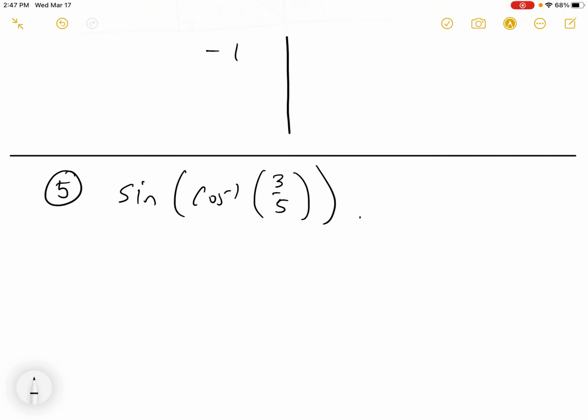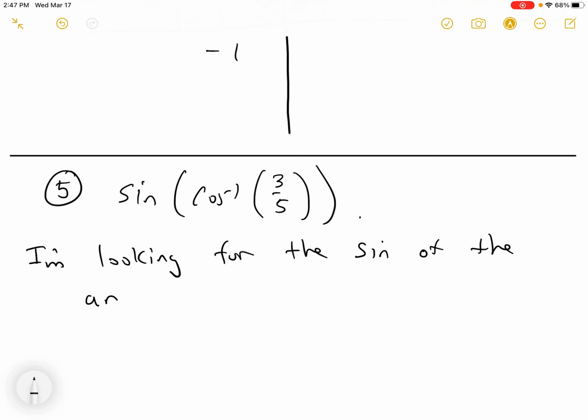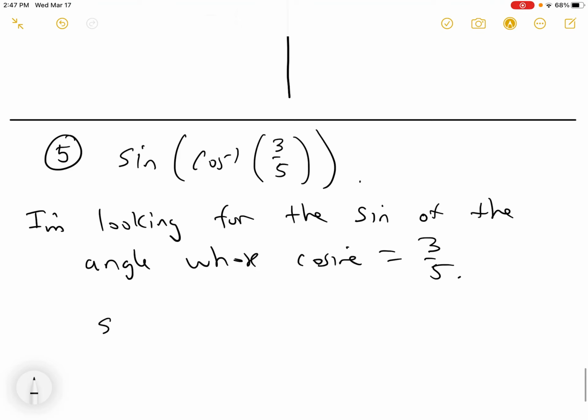So what it is looking for is the sine of the angle whose cosine equals 3/5. Alright, so if you unravel this thing, cosine inverse of 3/5 is an angle. Right? It's the angle whose cosine is 3/5.